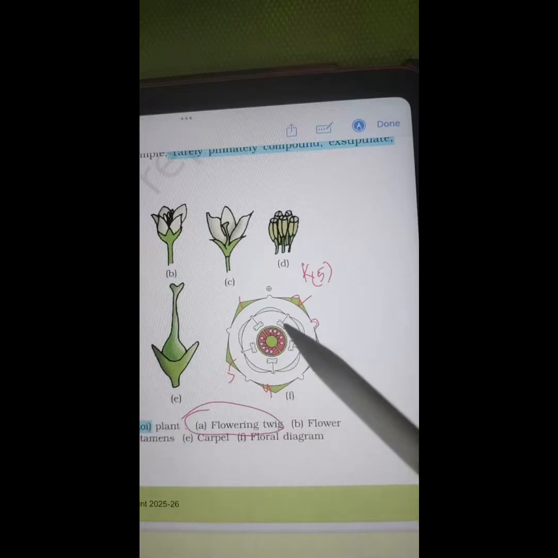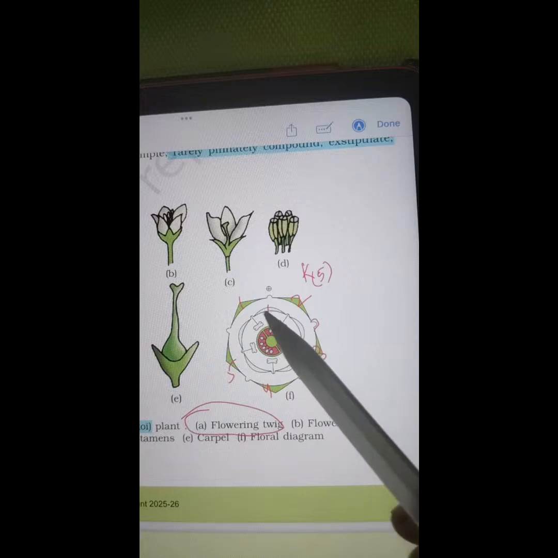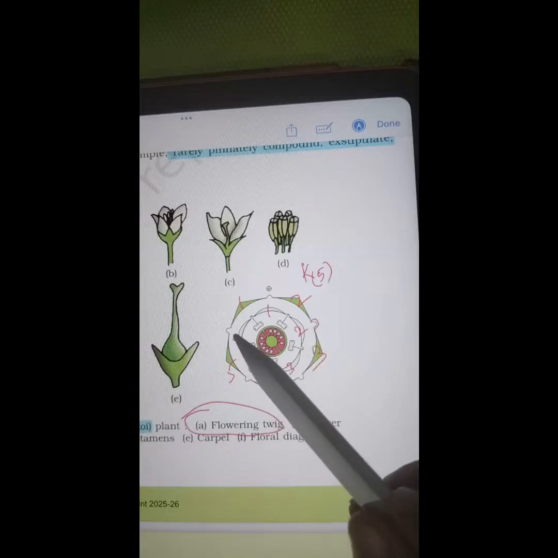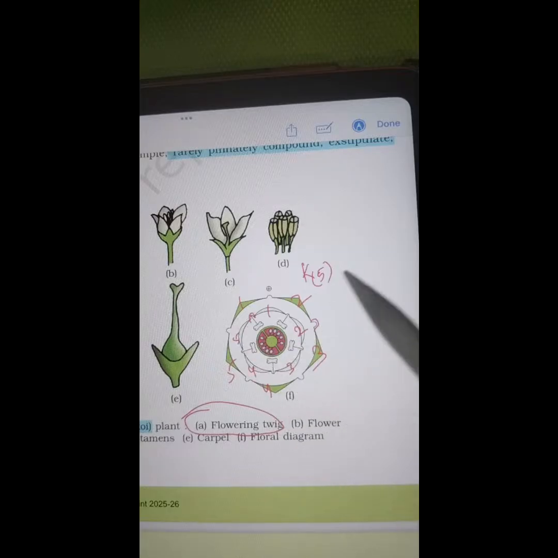Now see another important thing: in between two sepals, a petal is there. Very important in case you get the diagram to draw. Please make petals in between the sepals. So how many petals are there? 1, 2, 3, 4, and 5. And see, an inverted U structure is also there in between. That means all the petals are fused together.